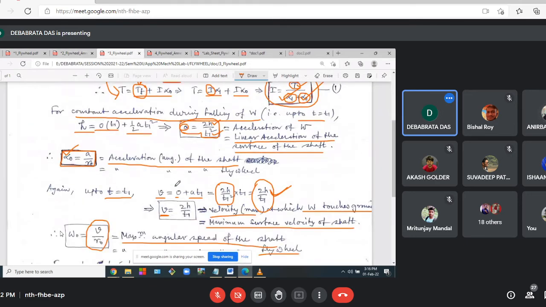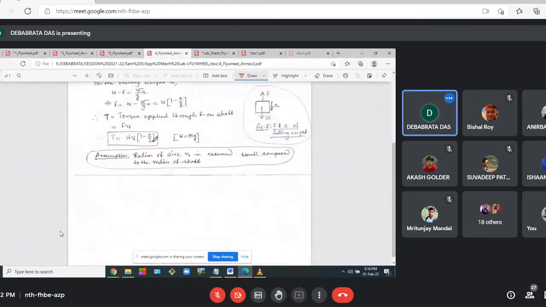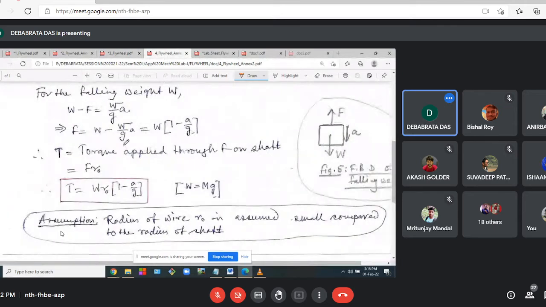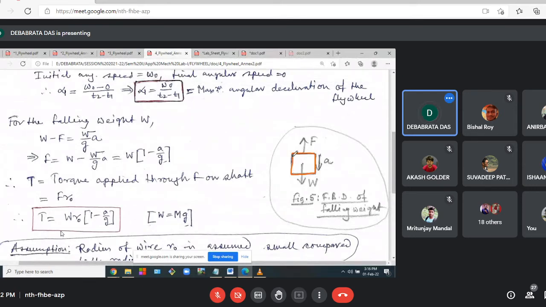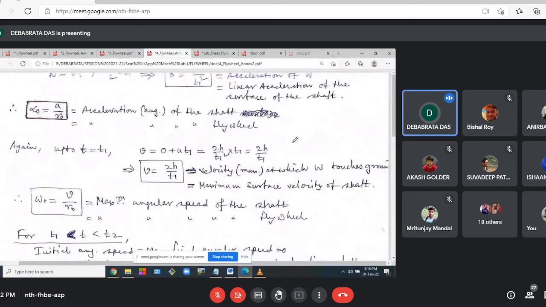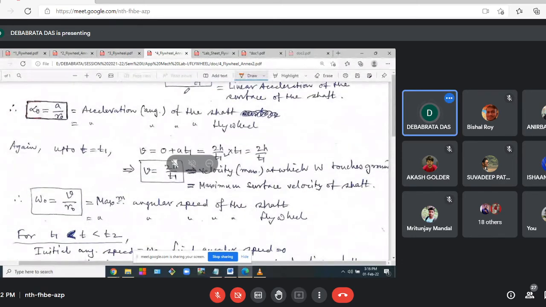So we go to this figure. Say this is the weight. It is falling with a constant acceleration A. Already we know A is given by twice H by T1 square.